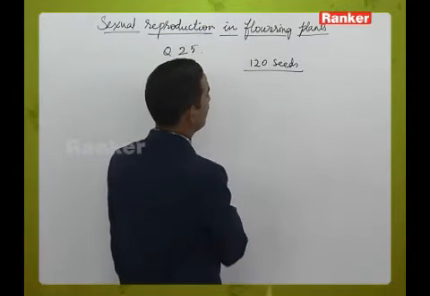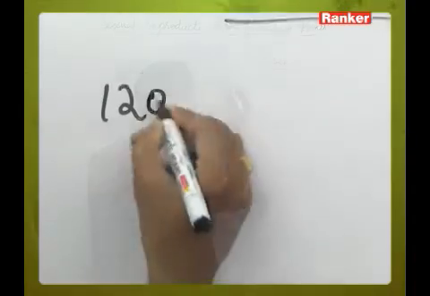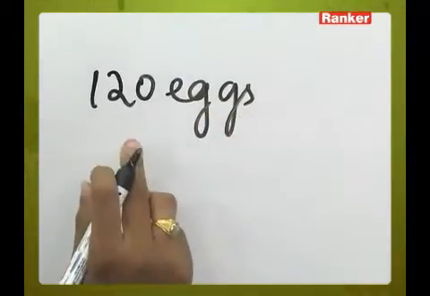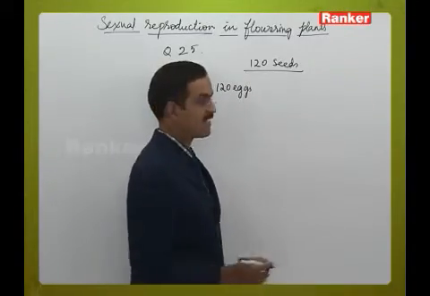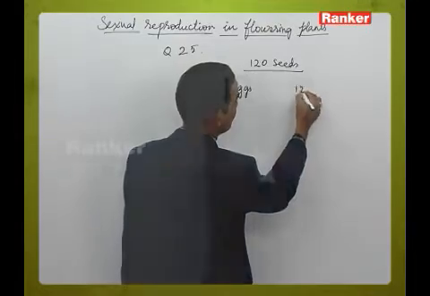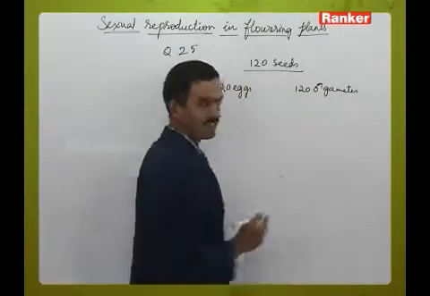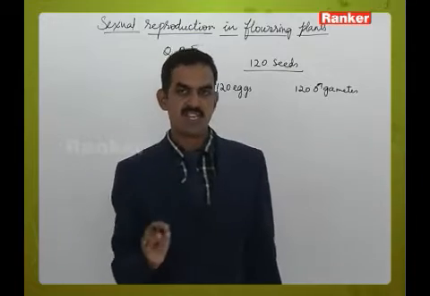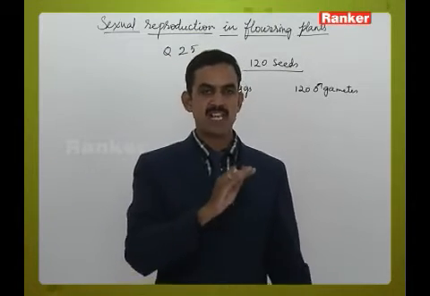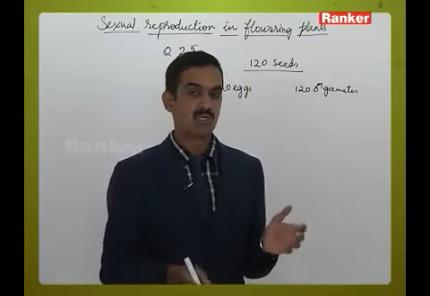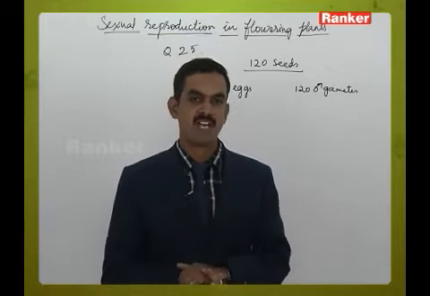To produce 120 seeds, 120 eggs are required, and these 120 eggs are fertilized by 120 male gametes. But one thing to be noted here is that when you are talking about the seed, apart from the zygote, that is the embryo, we should also consider the formation of endosperm.